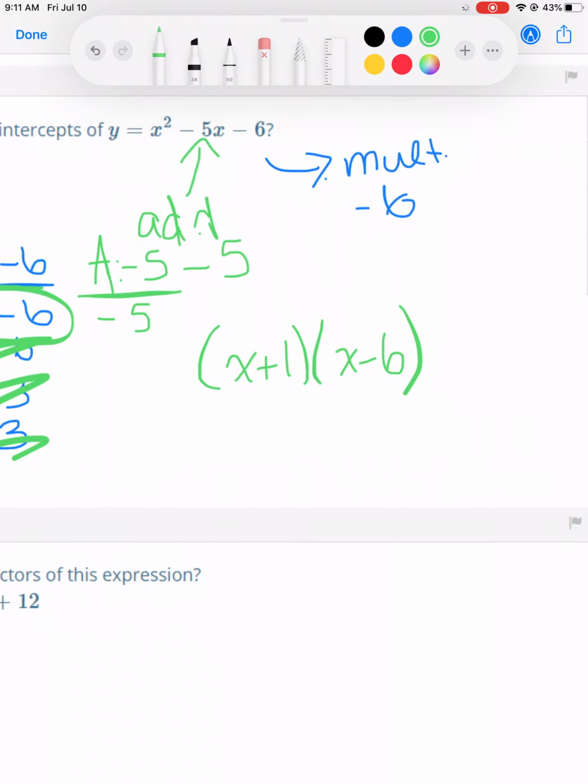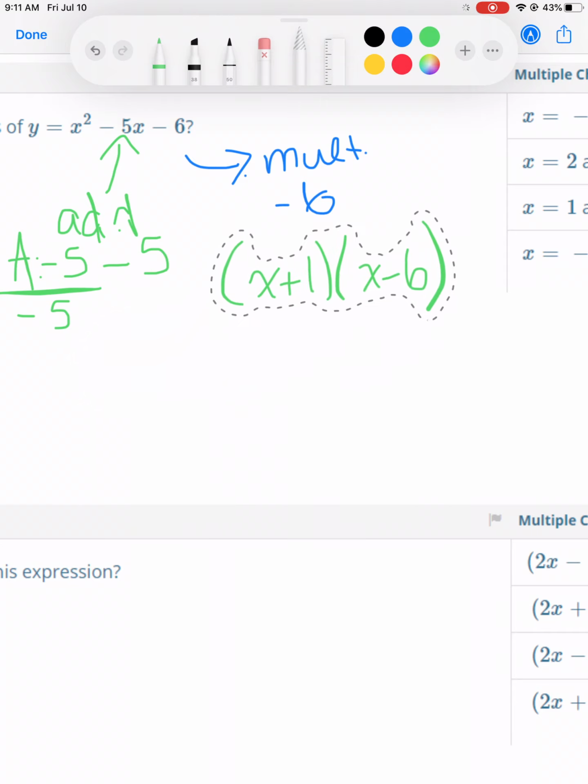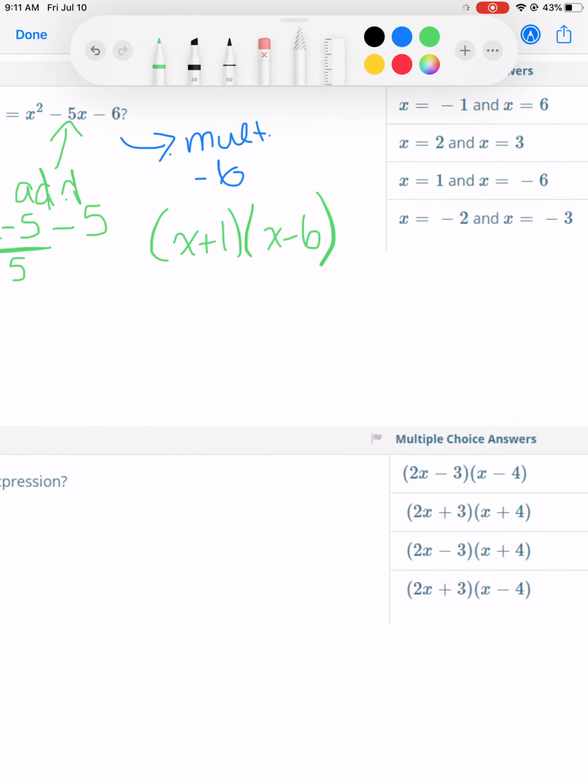Now, one thing I'm going to do while I have everybody's attention is I'm going to prove to you that this is right. So the answer is right there. Because it's zeros, you have to take it out of the bracket.